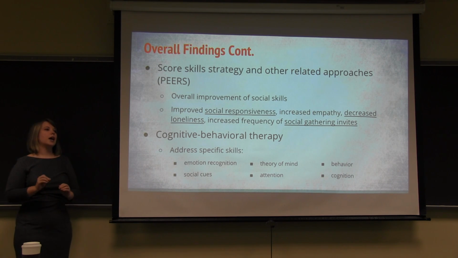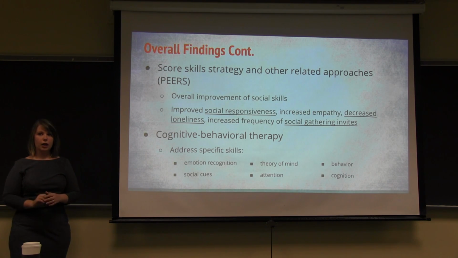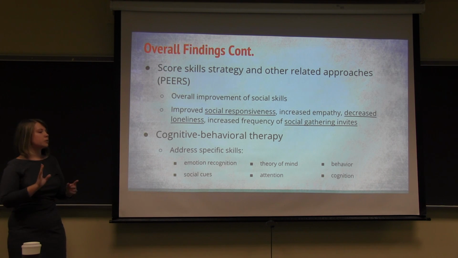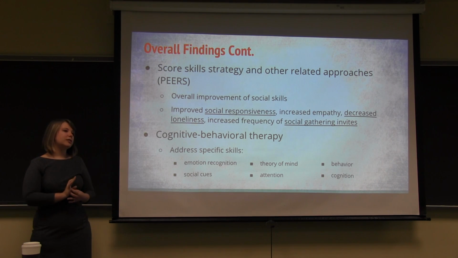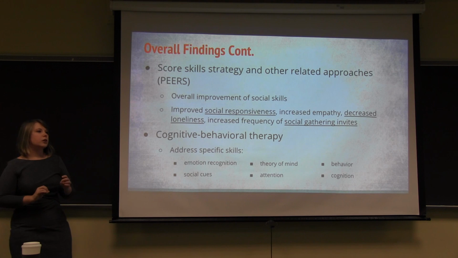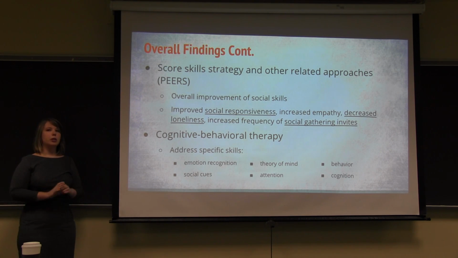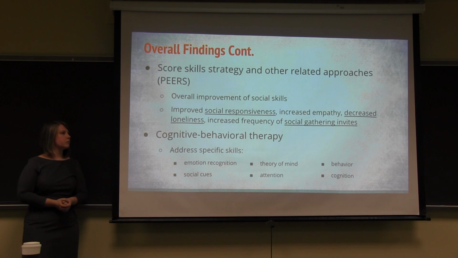But they also found improvements in specific areas, which included social responsiveness and increased empathy for others. There was also a self-reported decreased amount of loneliness from each of the participants, and an increased frequency of invites to social gatherings, which is something that our client is really wanting to improve. So this showed that the SCORE skills or the PEERS program, the social group therapy, really does make a difference.